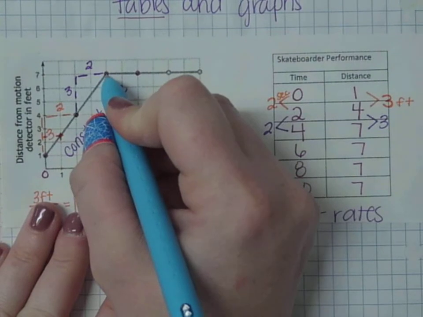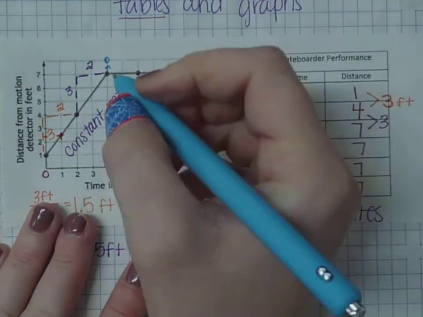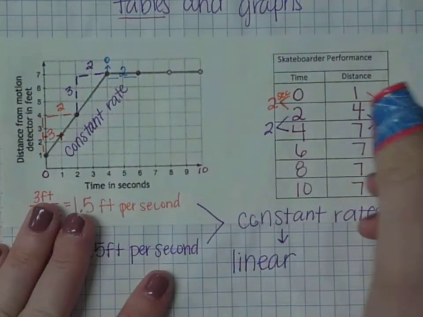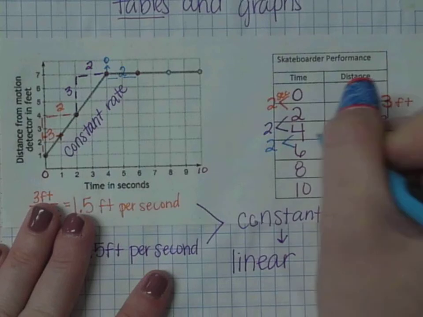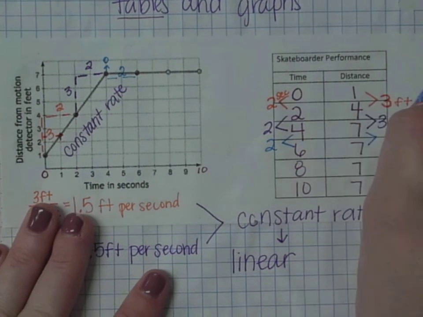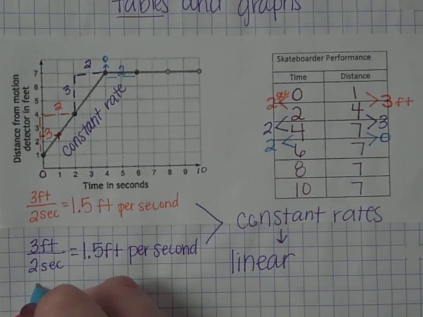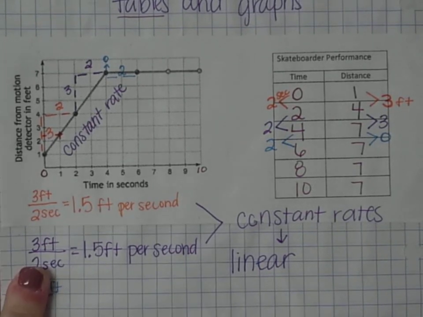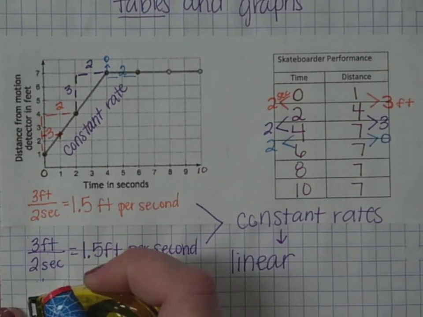Okay, now let's look at the next set. This one, notice, changed 0. It went up 0, and it went over 2 seconds. From 4 to 6, that changes 2 seconds. From 7 to 7, that changed 0. Oh, sorry, I made a mistake. Sorry, you're going to have to borrow whiteout if you wrote that before I realized I was wrong.